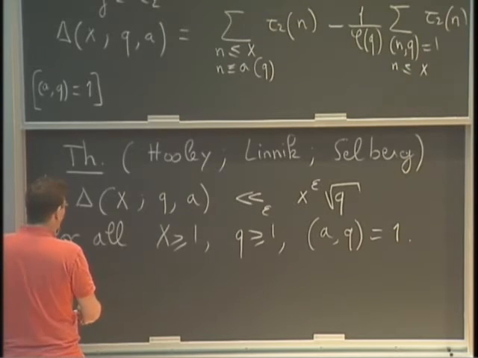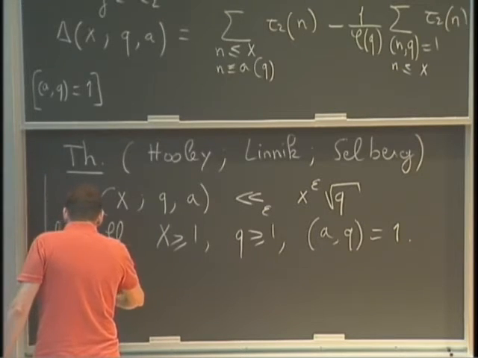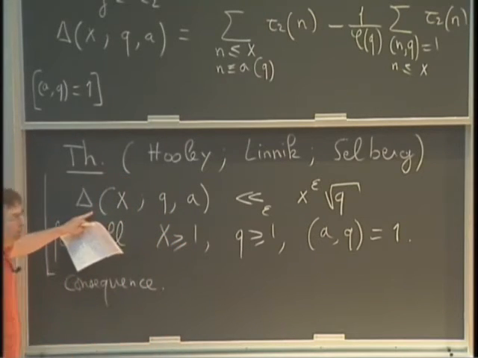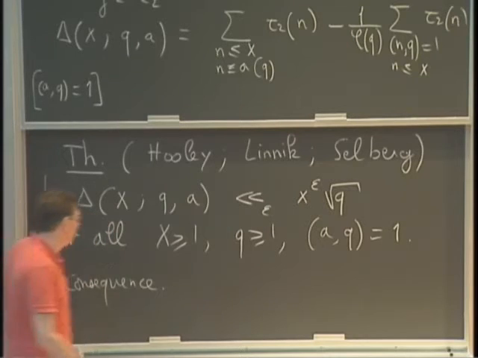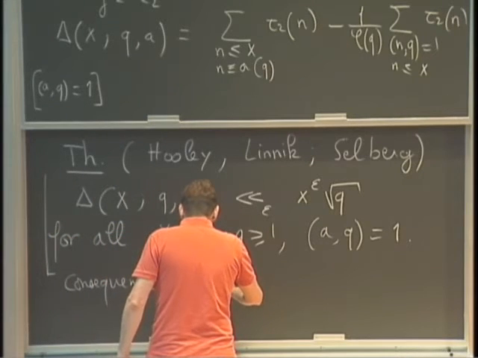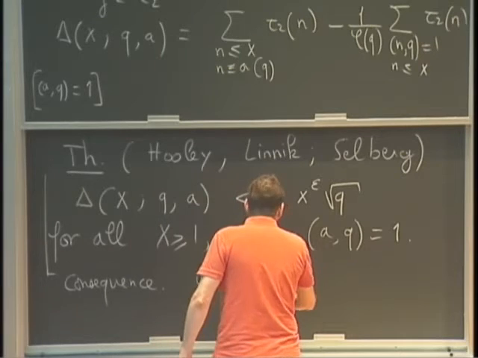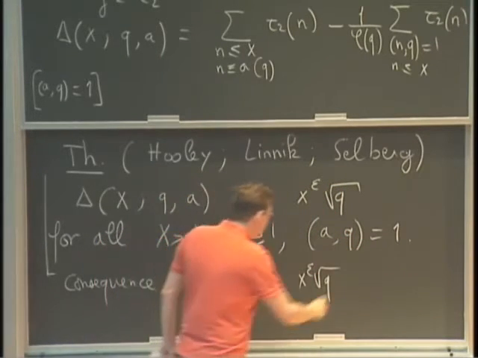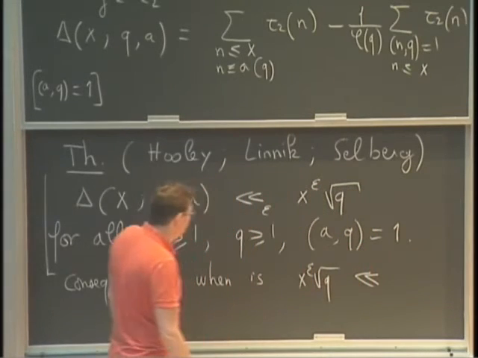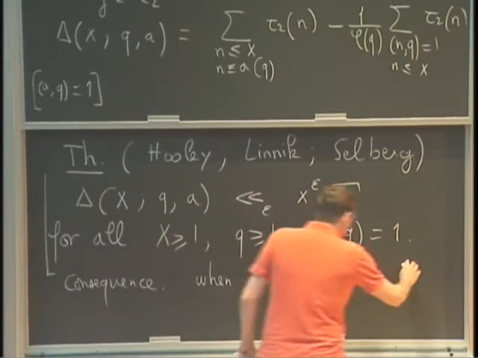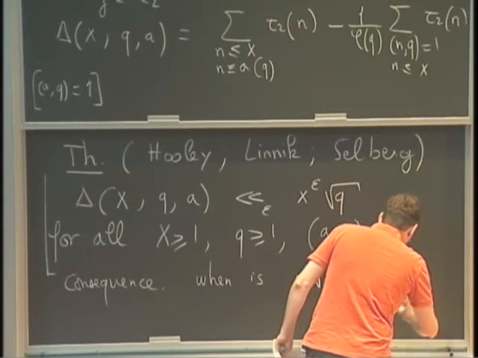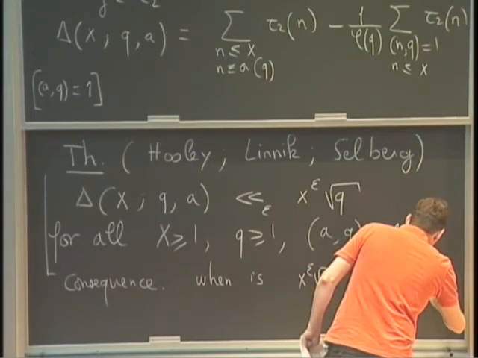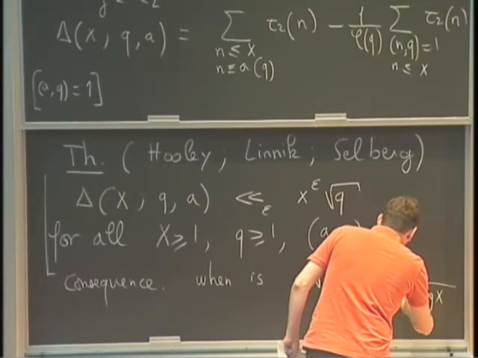Okay, so what it means concretely in terms of exponent of distribution. So when is that telling you what we want for an exponent of distribution? The question is, when is this remainder term, this error term, smaller than what we expect? So recall that what we expect is something of the size x over phi of q, divided by an arbitrary power of log x.